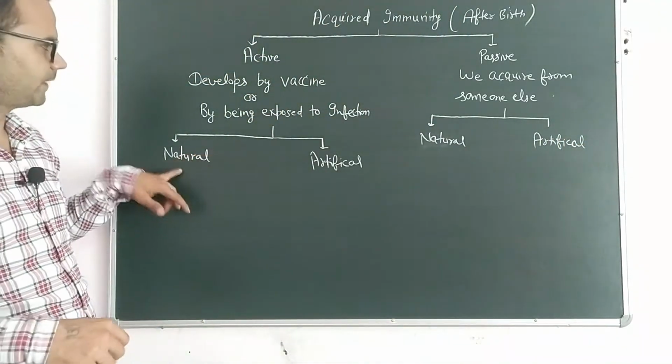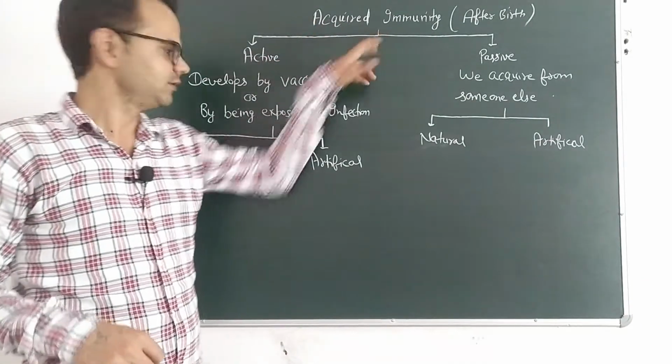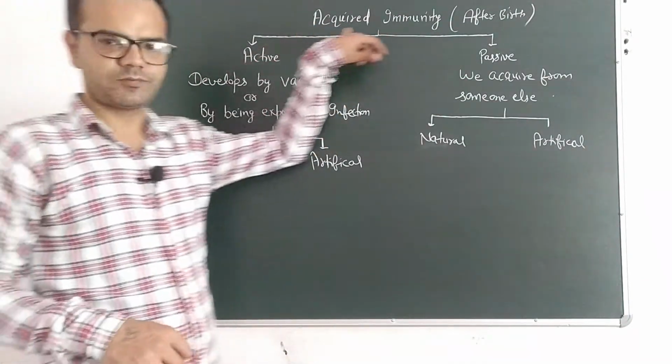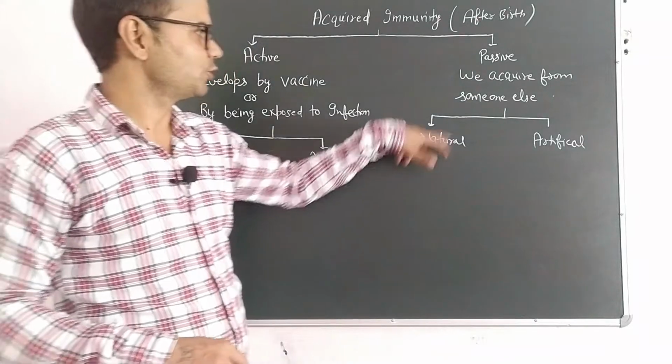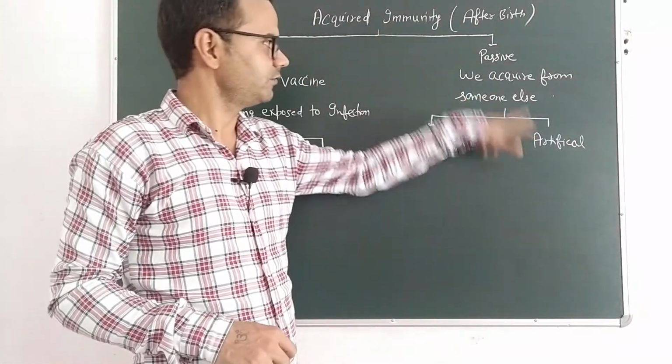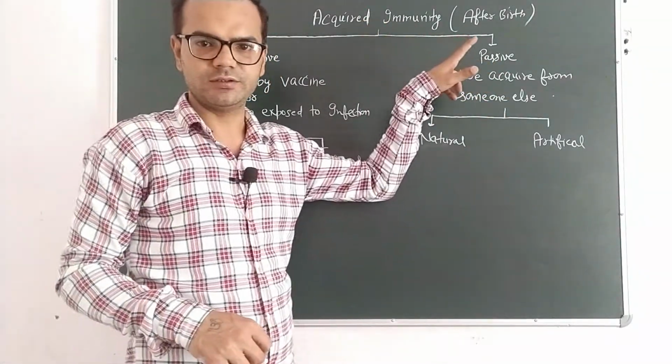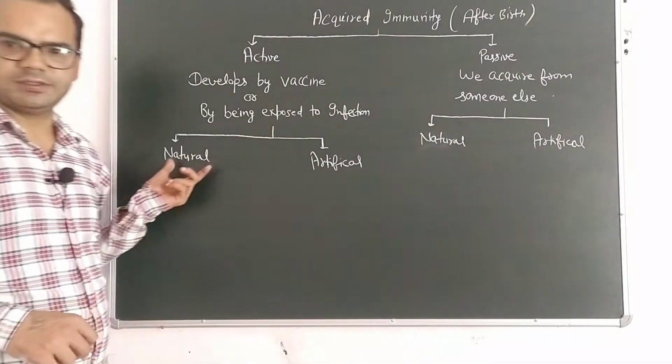So now: natural active acquired immunity, artificial active acquired immunity. In a similar way, natural passive acquired immunity, artificial passive acquired immunity. So what does natural mean?